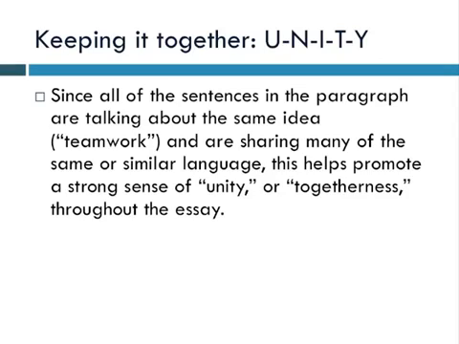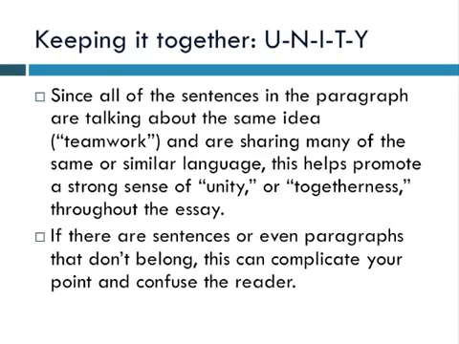Now, since all of the sentences in the paragraph are talking about the same idea, so we talked about that teamwork was controlling the paragraph, we need to make sure that we're using words and sentences that all relate to that concept. And this is kind of a strong sense of unity or togetherness that we see throughout the essay. Now, if there are sentences or even paragraphs that don't belong, well, this can complicate your point and confuse the reader.